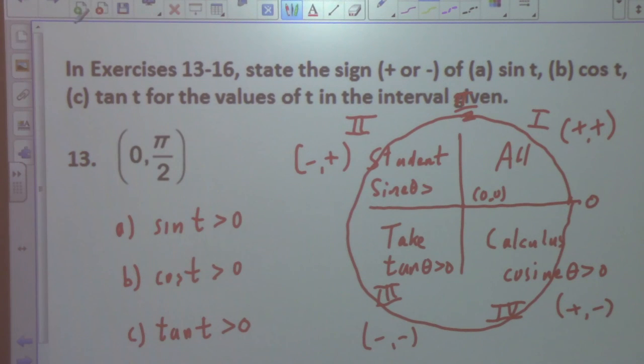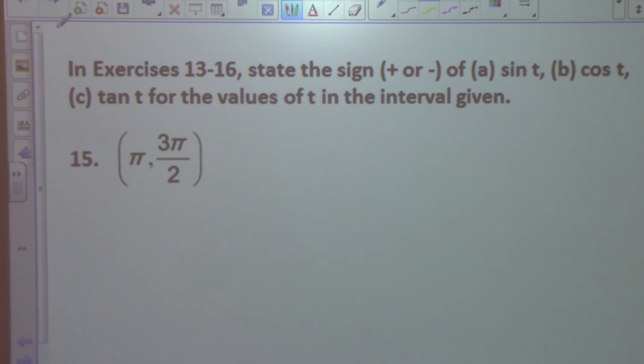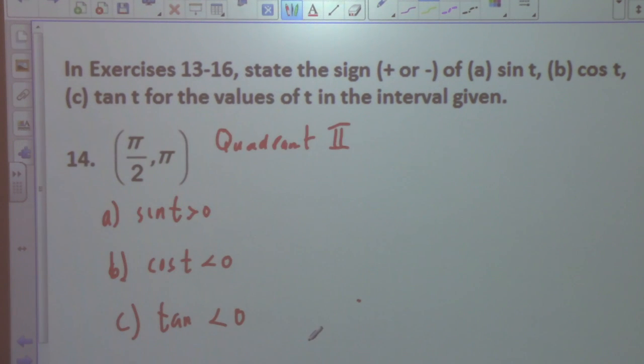Okay, back here to problem 15. I'll choose somebody for problem. Can you go back to 14? Want to go back to 14? All right.